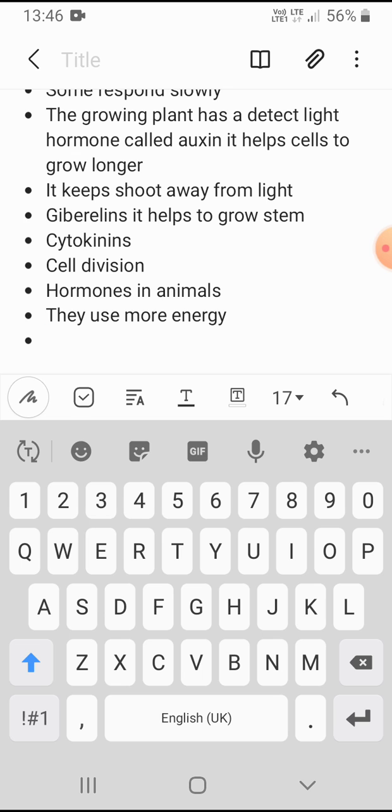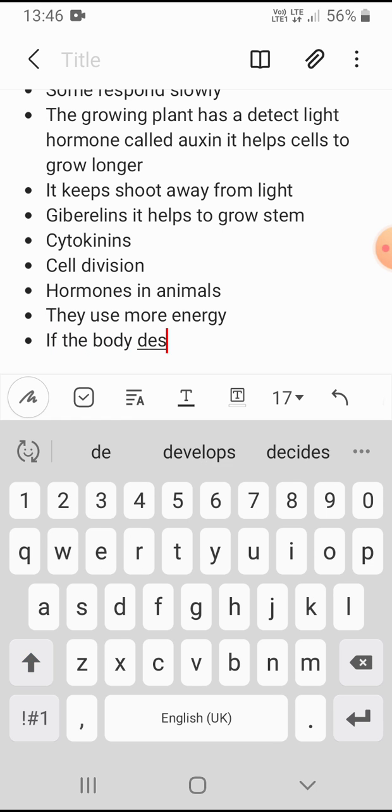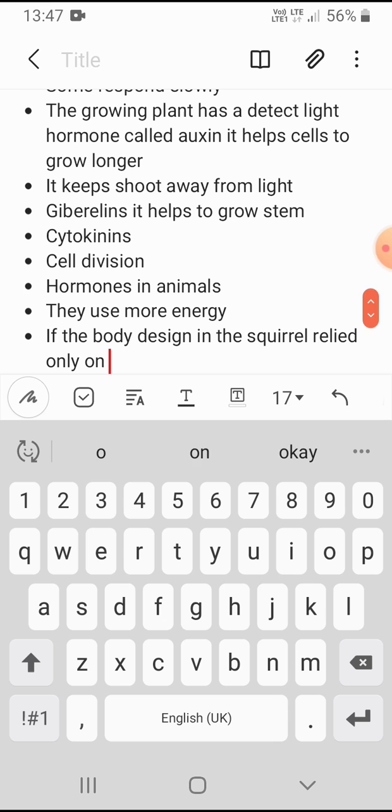If the body design is small, like a squirrel, it relies only on electrical impulses, or nerve impulses, as they are also called.